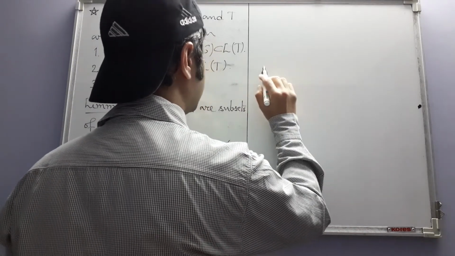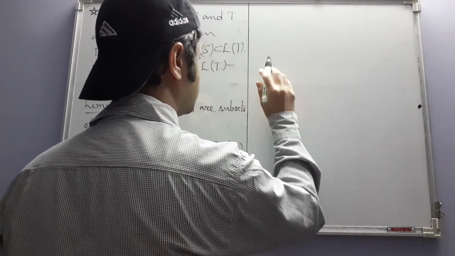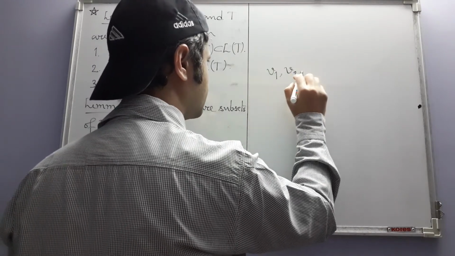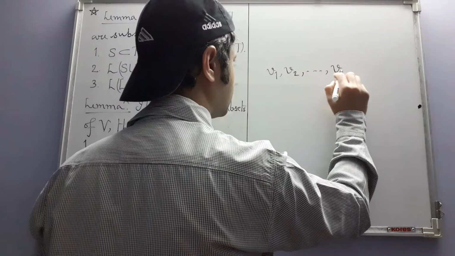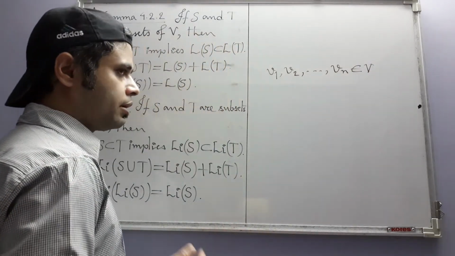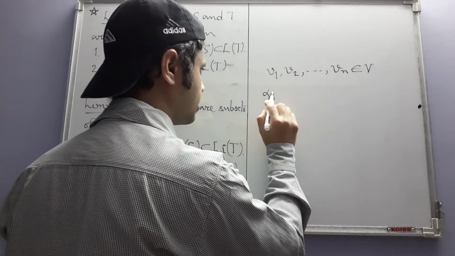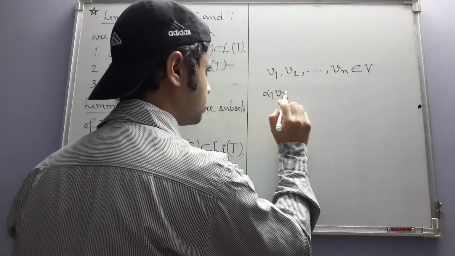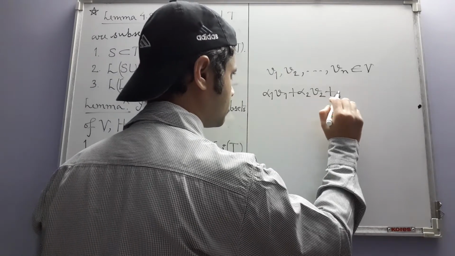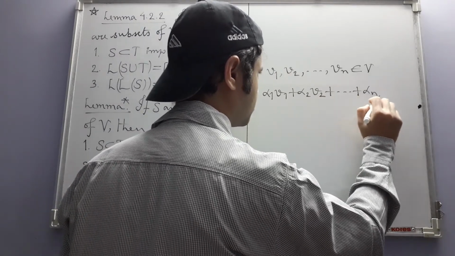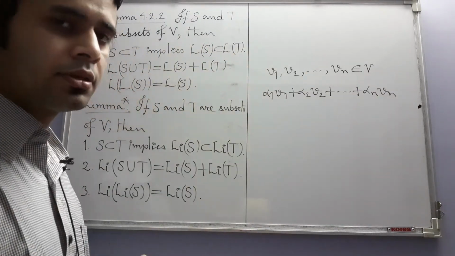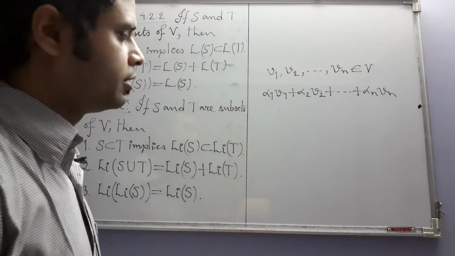So if you are given some finitely many vectors in a vector space V, then their linear combination is an expression that looks like this, where the alpha i's are, of course, scalars coming from the underlying field.